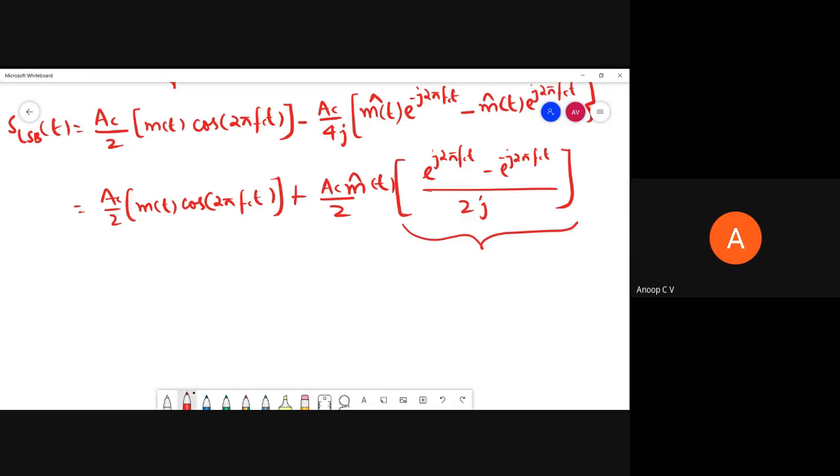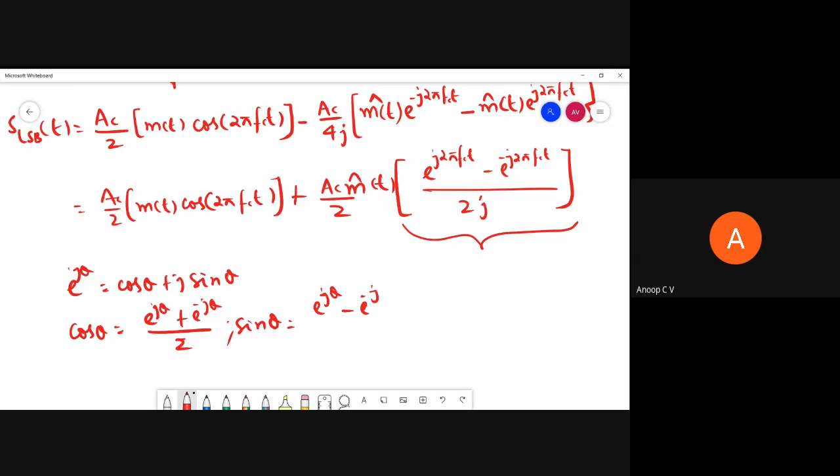So for those who have doubt, e^(jθ) is actually cos θ plus j sin θ. The real part, cos θ, will be (e^(jθ) + e^(−jθ)) divided by 2, and the imaginary part, sin θ, will be (e^(jθ) − e^(−jθ)) divided by 2j.